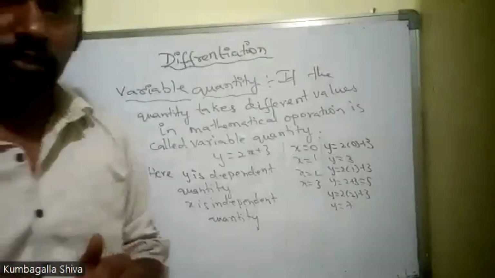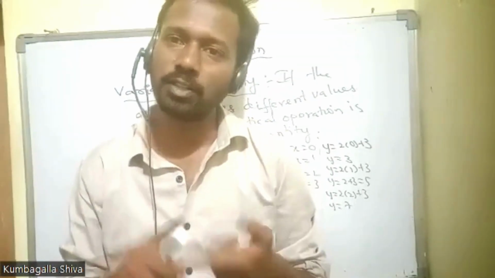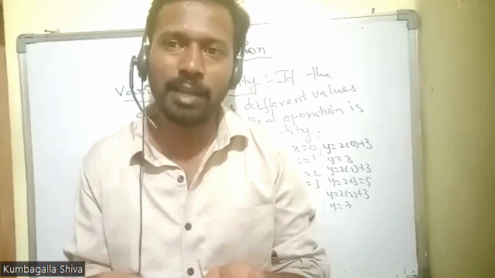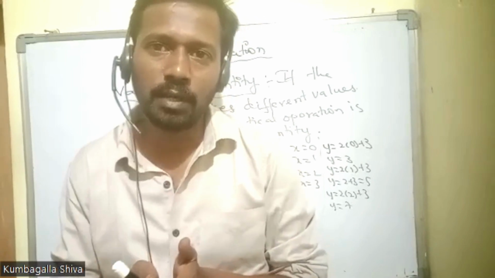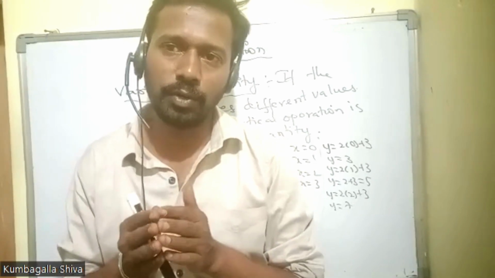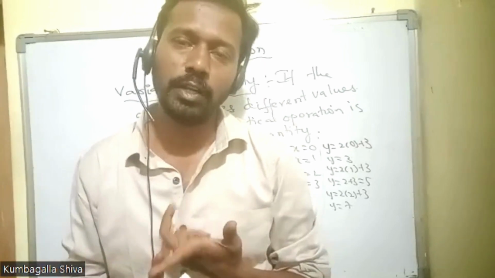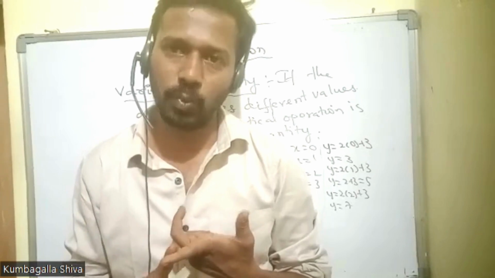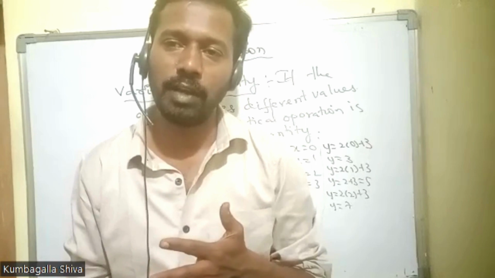Just now we discussed what is constant quantity and what is variable quantity. Constant quantity: whatever mathematical operation you do on the number, it remains the same, no change in the values. Then variable quantity: while doing the equations, for the corresponding x values, you get different values of y.